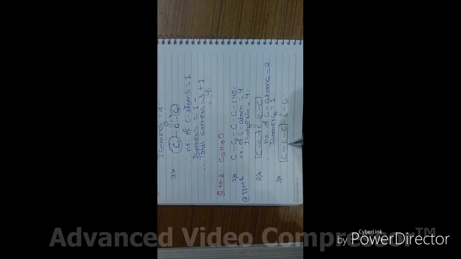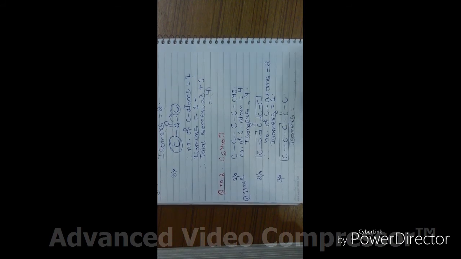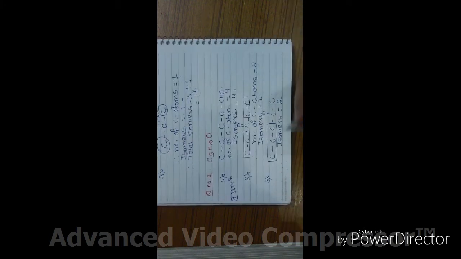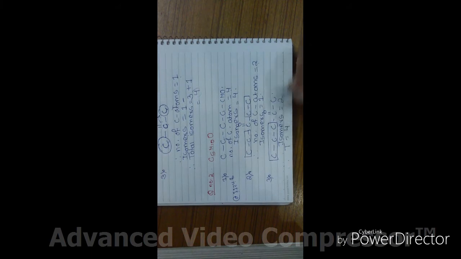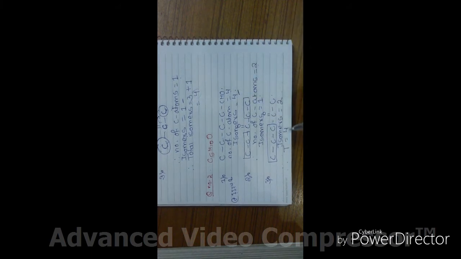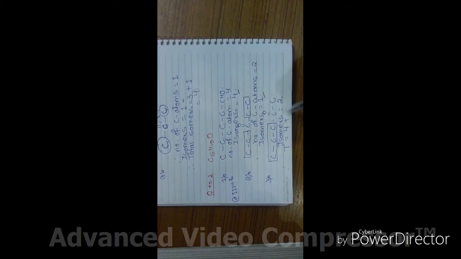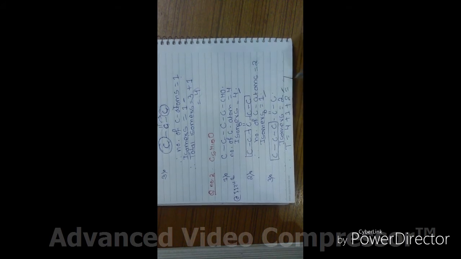Here 3 carbon atoms are present, so 2 isomers are formed. So total isomers equal 4 plus 1 plus 2 equal 7.